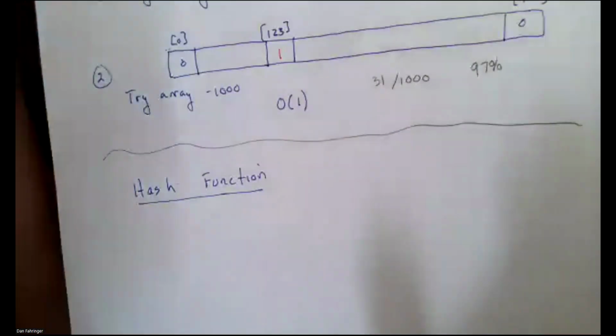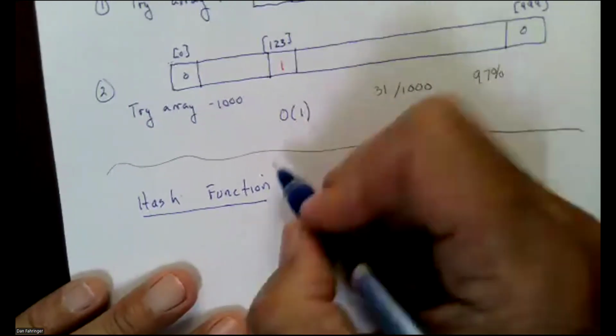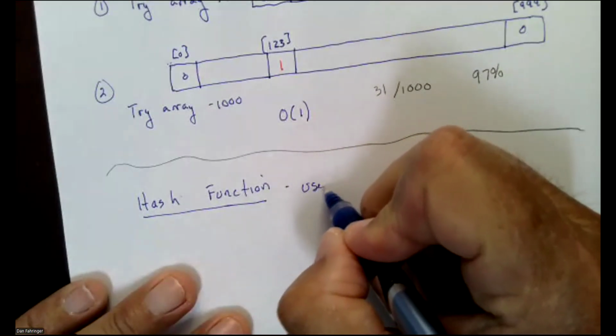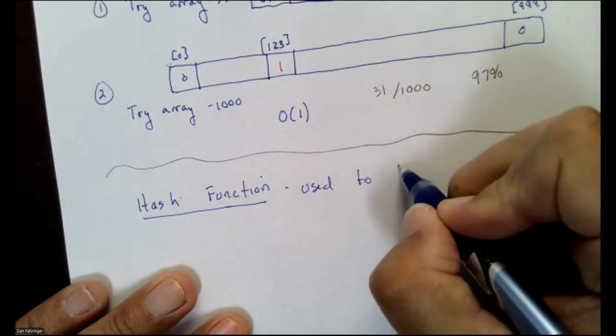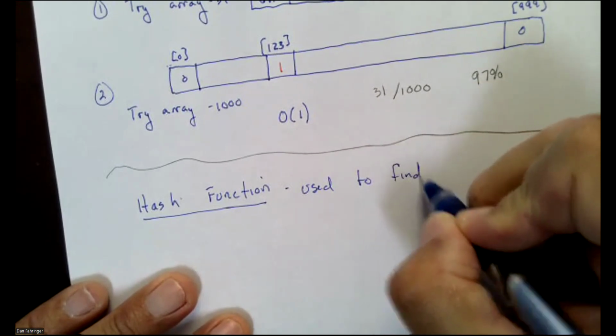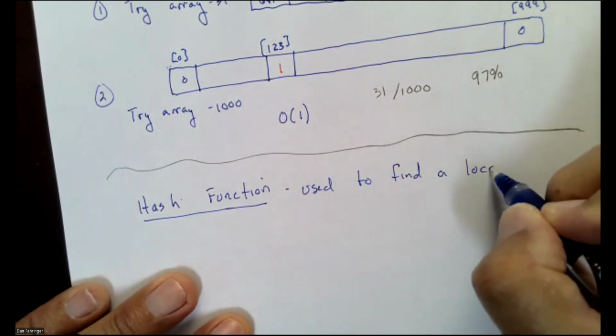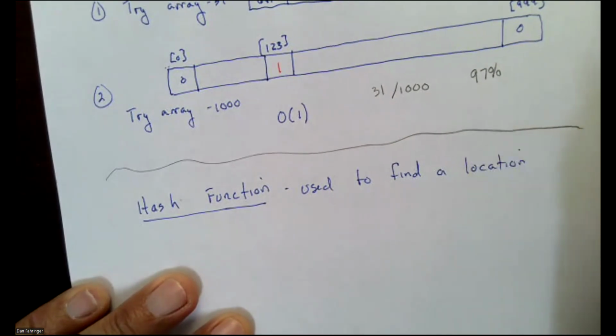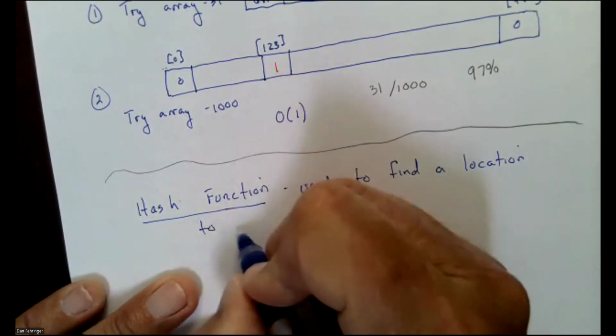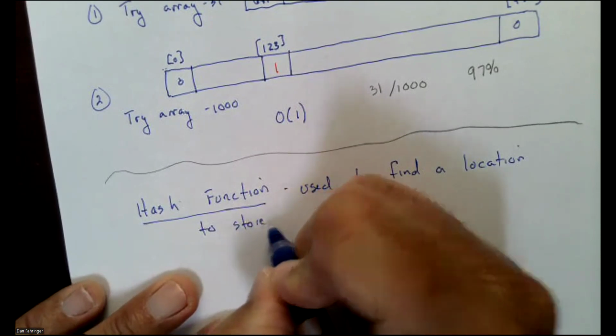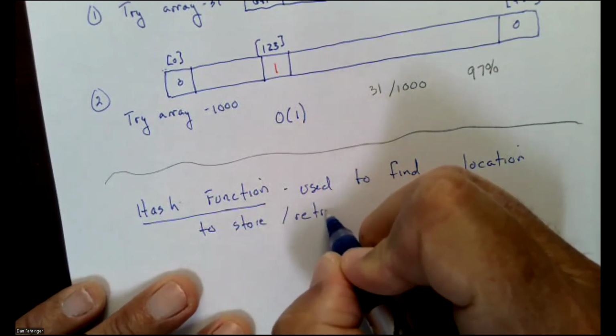A hash function is used to find a location to store the number I want. To store slash retrieve the number I want.